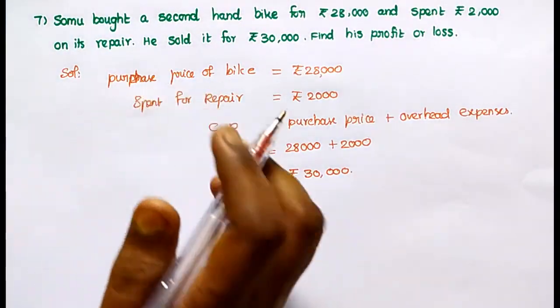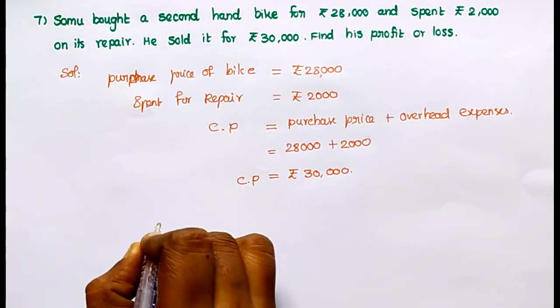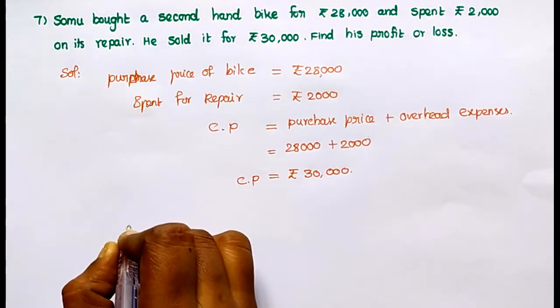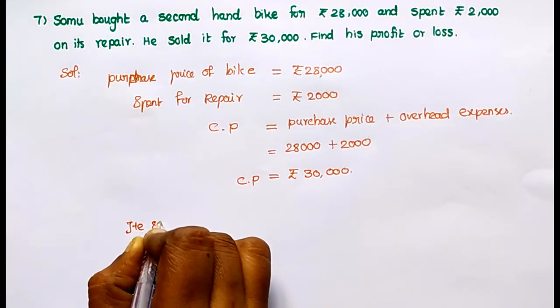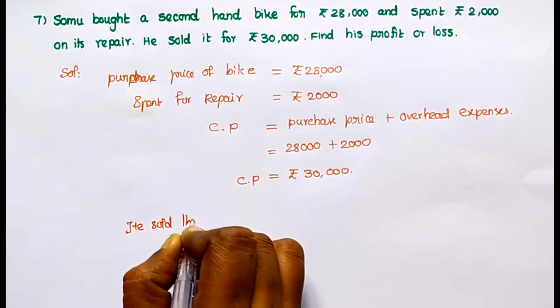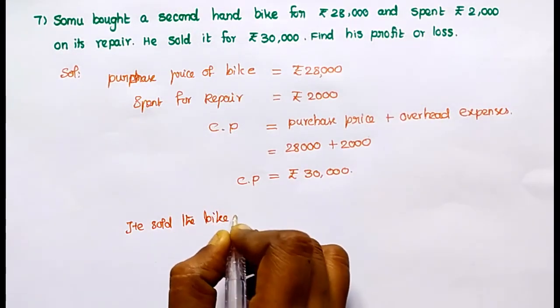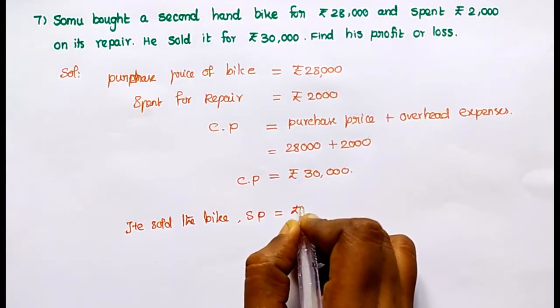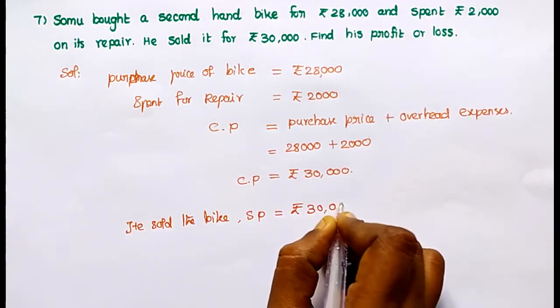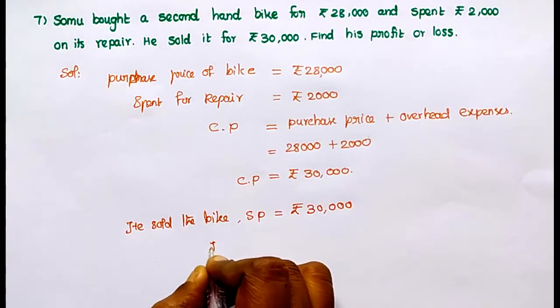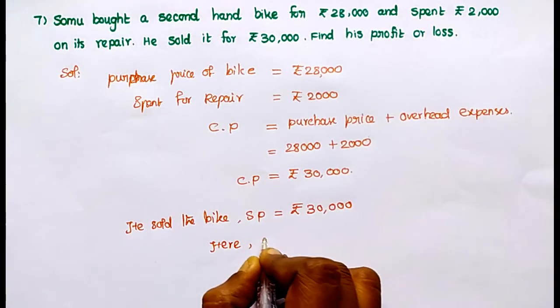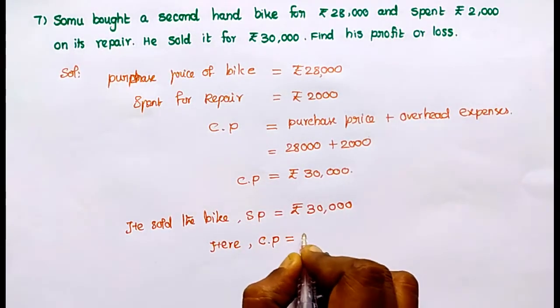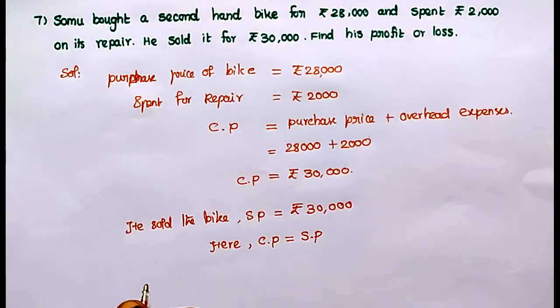And he sold a bike, that is selling price equal to rupees 30,000. So here cost price equal to selling price.